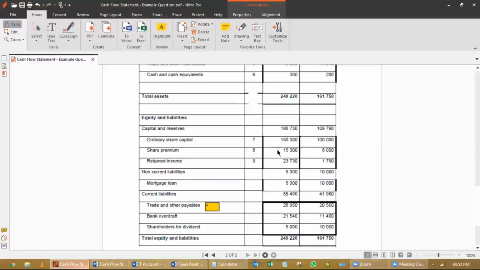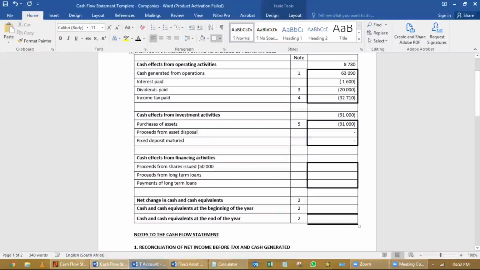Do you agree? If you do that in your calculator, you'll see that it's 7,000. From 8 to get to 15, I need to add 7,000. So your total proceeds from your shares is 57,000 Rand. It doesn't go in brackets because it's an inflow of cash.